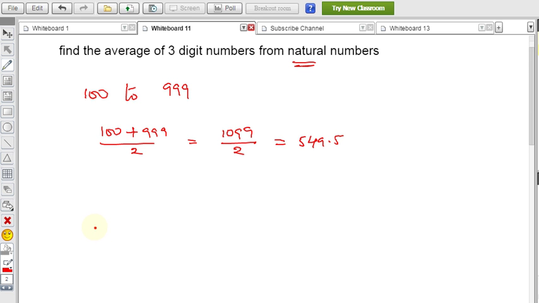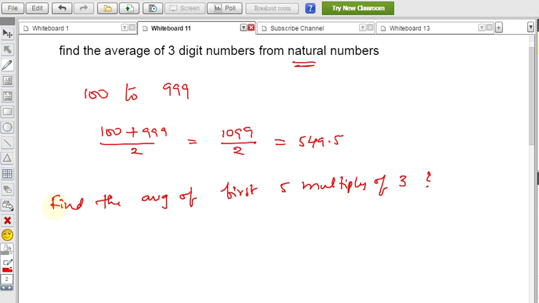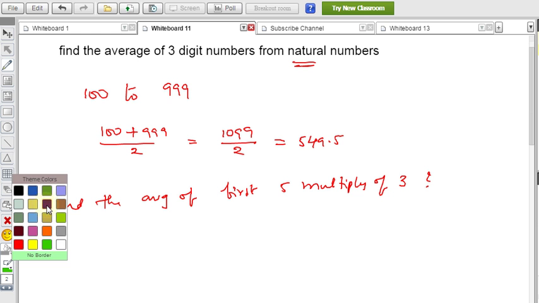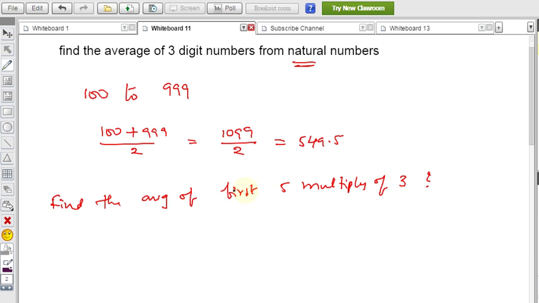Find the average of the first 5 multiples of 3.